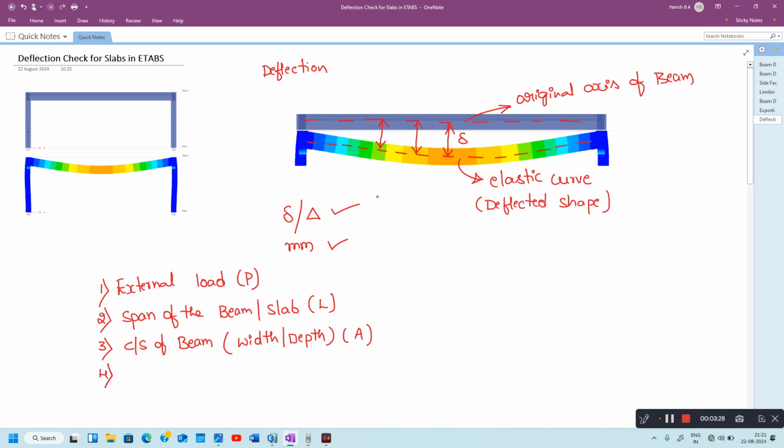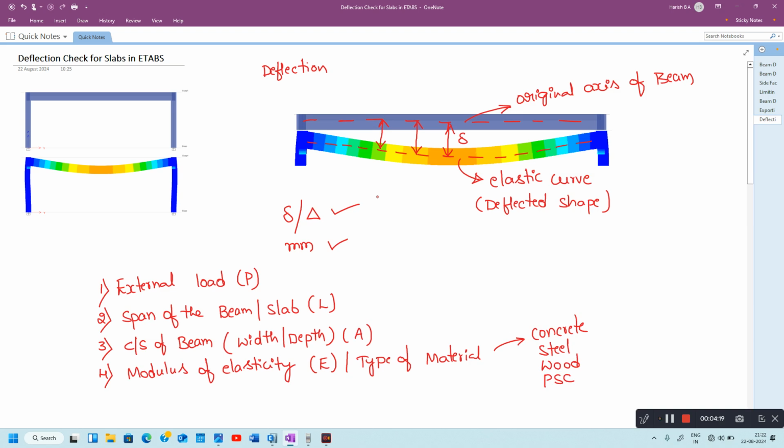The next factor will be Young's modulus or modulus of elasticity, which is denoted by E. Modulus of elasticity depends on the type of material, either concrete, steel, wood, or pre-stressed. Different materials will have different Young's modulus.